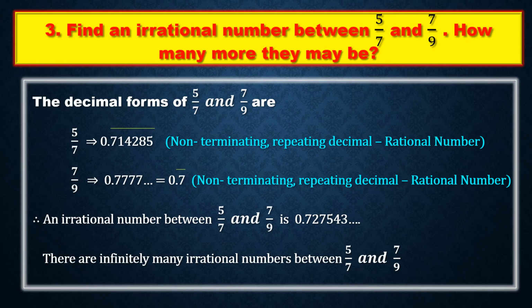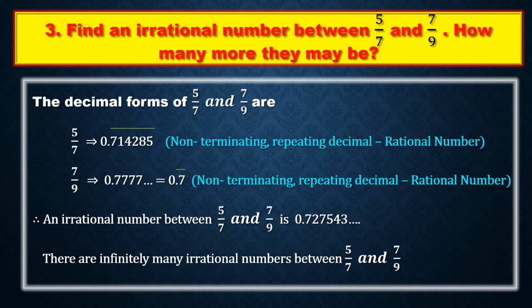So there are infinitely many irrational numbers between 5 by 7 and 7 by 9, because as the decimal expansion is not repeating, there may be so many numbers. I can write 0.7136 and so on, or 0.7045 and so on. In that way also I can write.